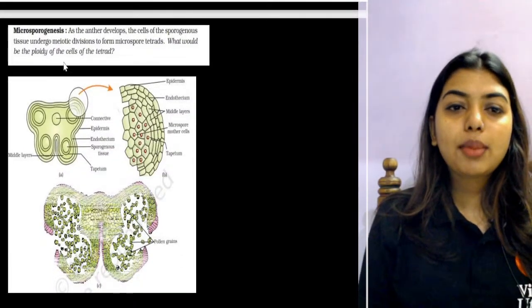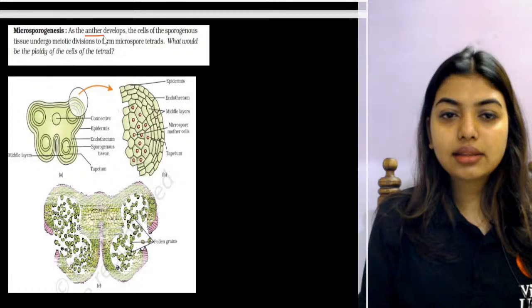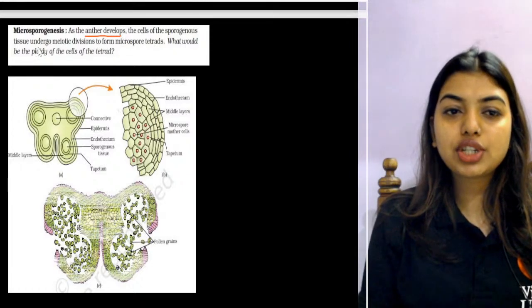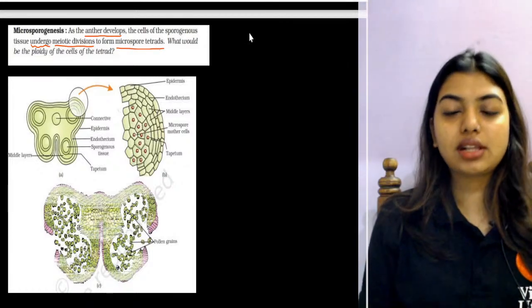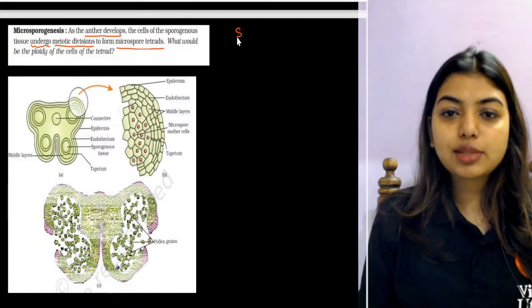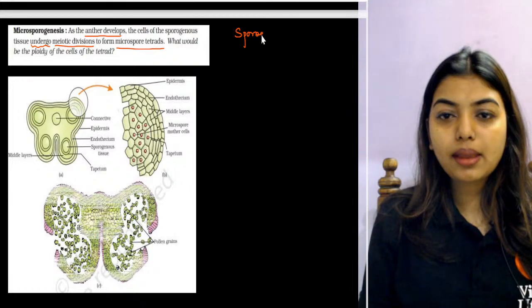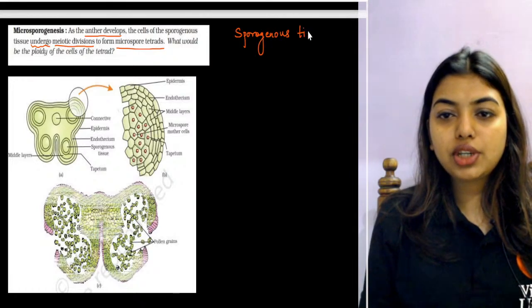Now look here, microsporogenesis. As the anther develops, the cells of the sporogenous tissue undergo meiotic division to form microspore tetrads. That's why I told you, you can write either sporogenous tissue or MMC.